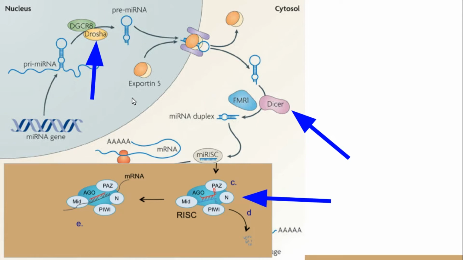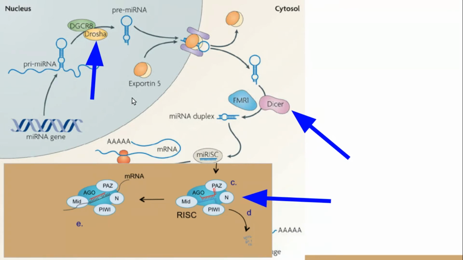We will see a more complete layout of RISC in the next slide, but it's fundamentally composed of this AGO2 protein. Its full name is argonaute. And AGO2 will bind double-stranded RNA and selectively digest one of the strands using its PIWI domain.